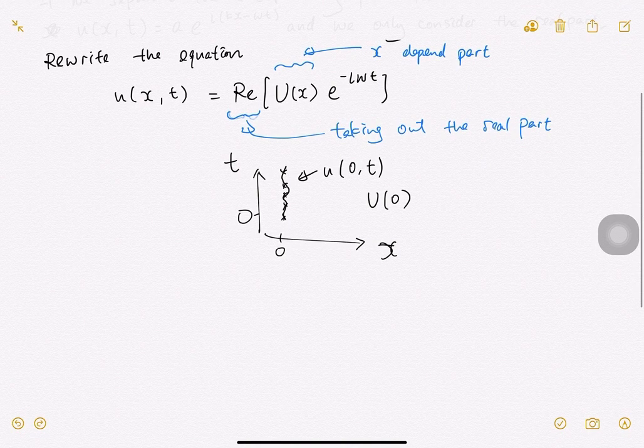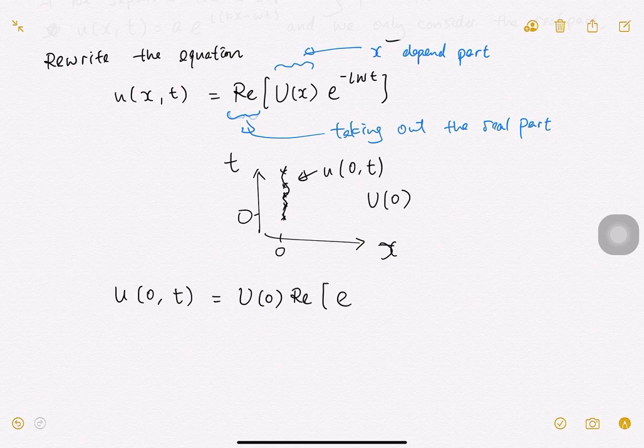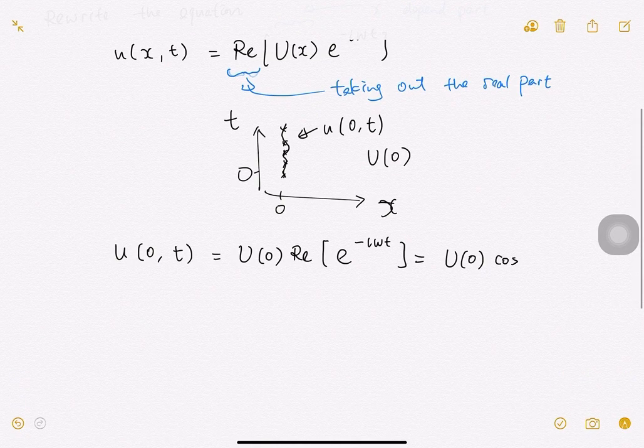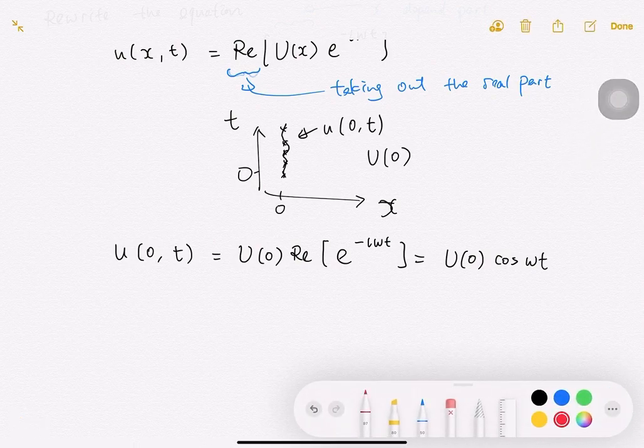So u(0, t) equals big U, because we are taking the real part, cosine omega t. So we are assigning the things in here.